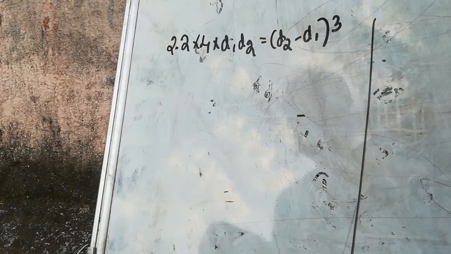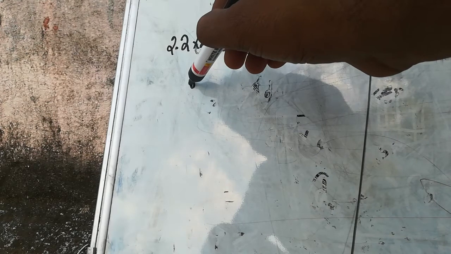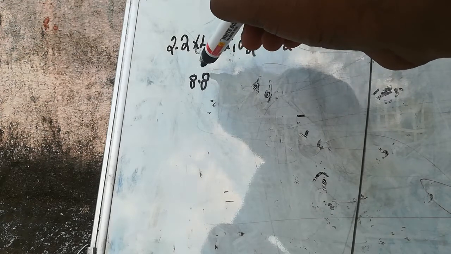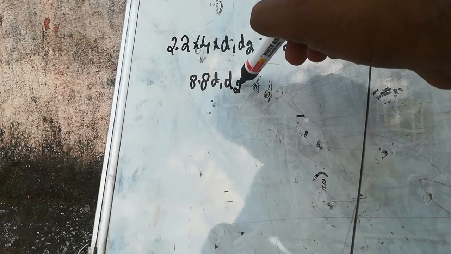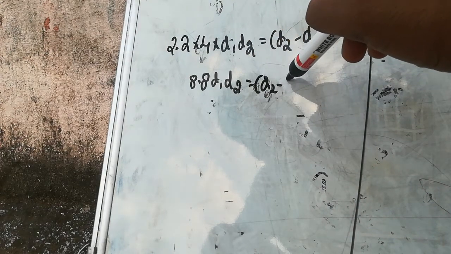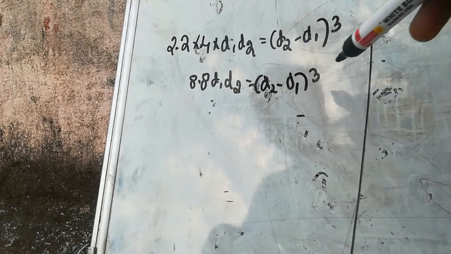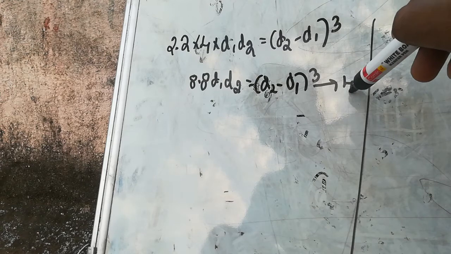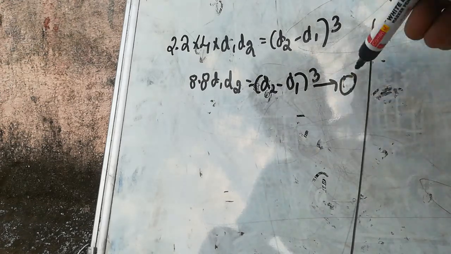So we can write this equation as 8.8 d1 d2 is equal to (d2 minus d1) whole cube. I write this as equation number 3.